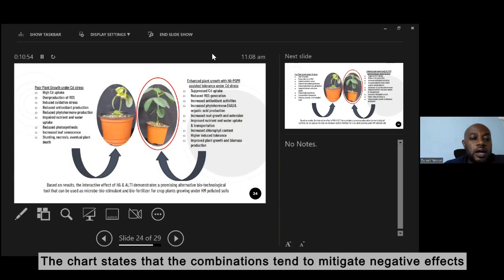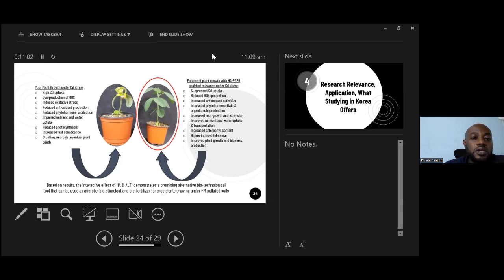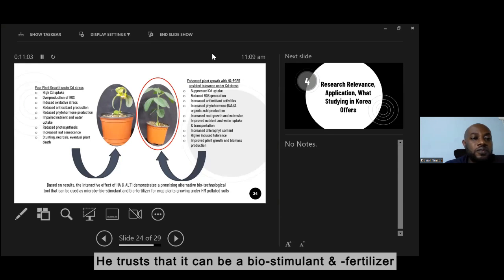So at the end of the entire experiment, it was very clear in terms of the impacts on plants that were growing under both the stress conditions and those that were under the normal conditions.